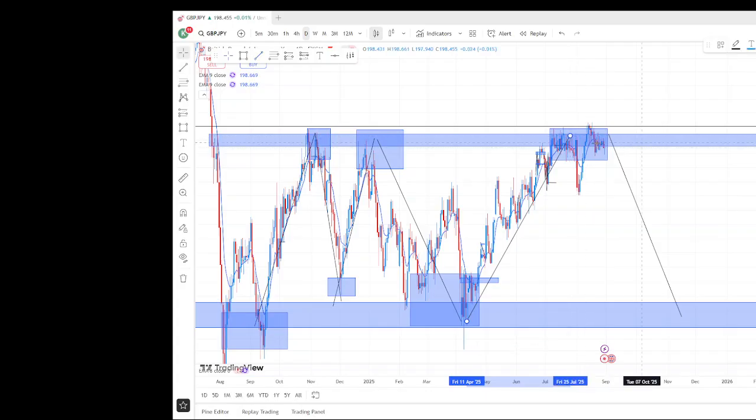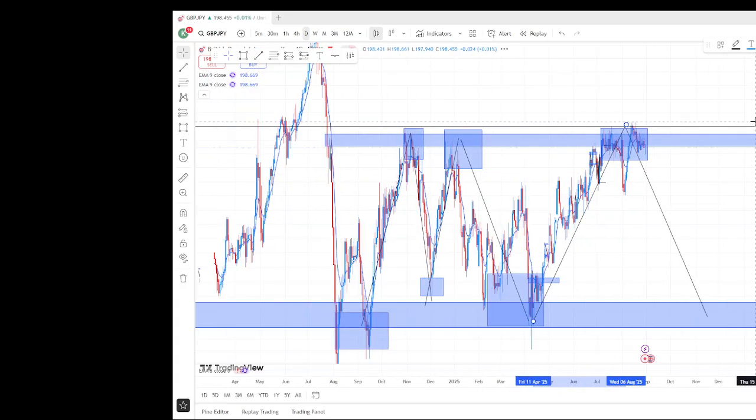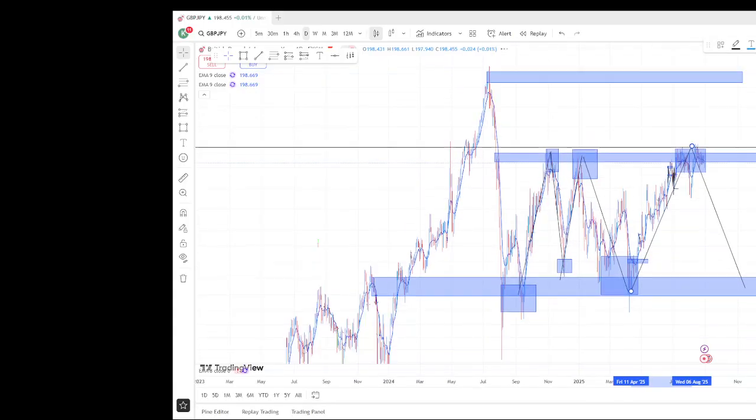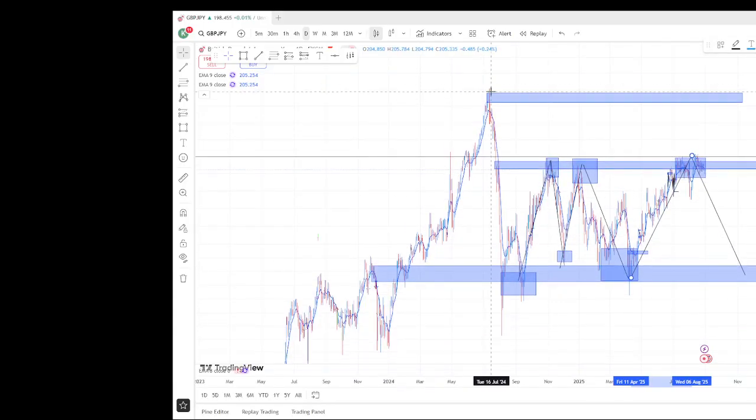So the thing about the market is normally it keeps a pattern. So it's a pattern based thing. So if the market does something two times, it's a higher chance that it's going to do it again, especially since we've identified that the market had made a higher high and then it started to make a lower high.